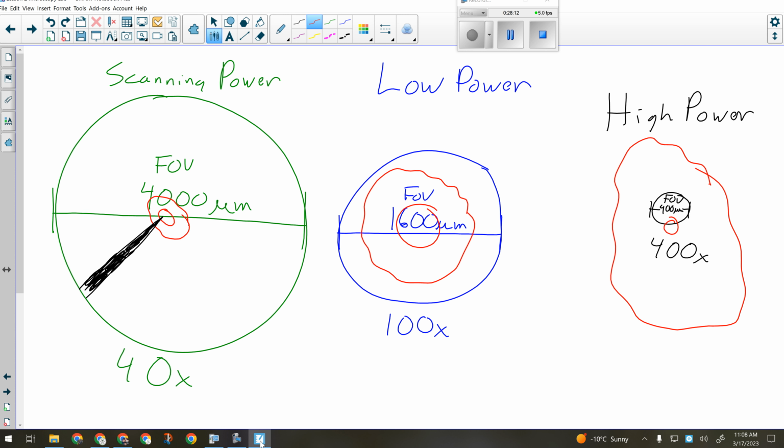I know that the distance from one side of the circle to the other is 4,000 micrometers. So this thing here takes up maybe about a fifth of that, maybe a quarter generously. So it's probably somewhere between 800 and 1,000 micrometers. It's just an estimate.